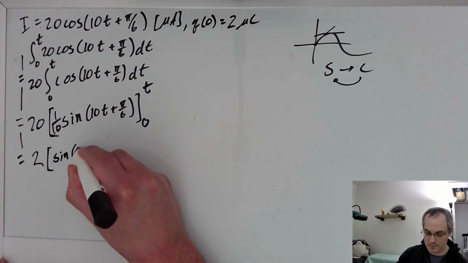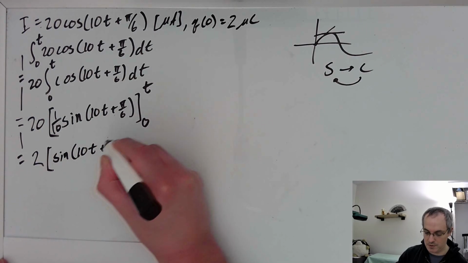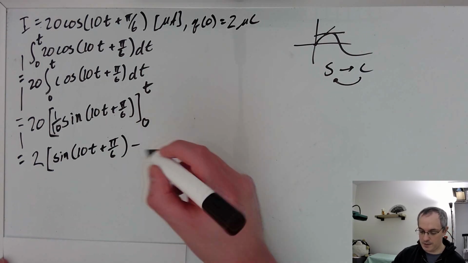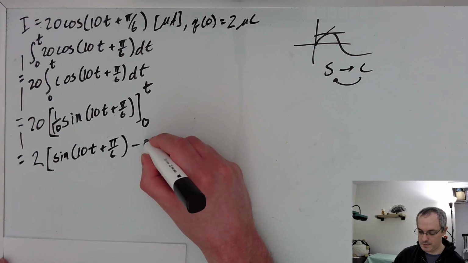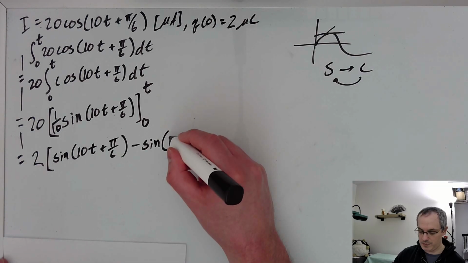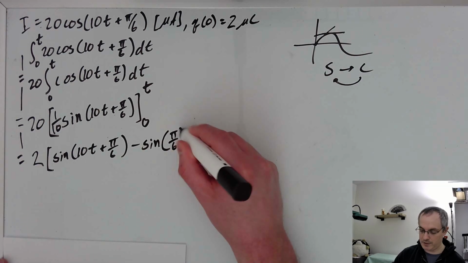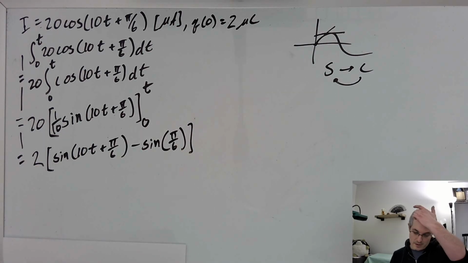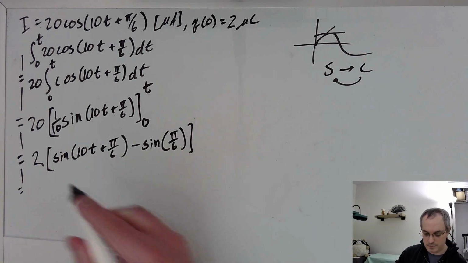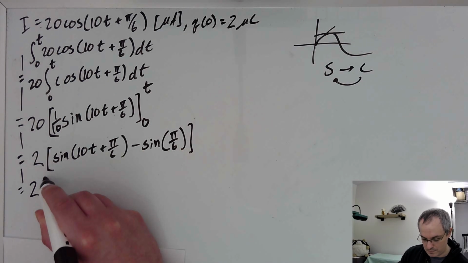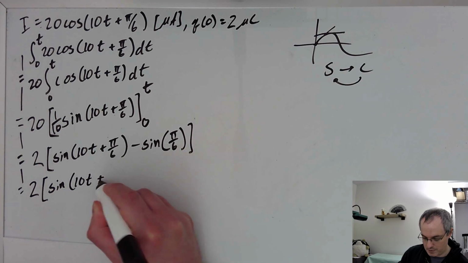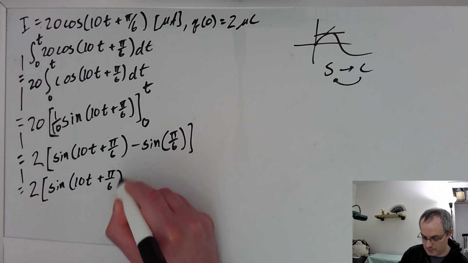So sine of 10t plus pi over 6 minus sine of pi over 6 when you put in the 0. Okay, so 2 sine 10t plus pi over 6.